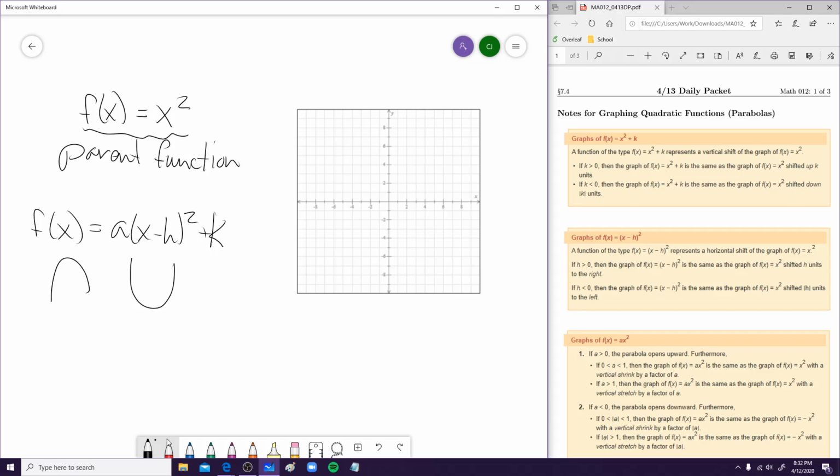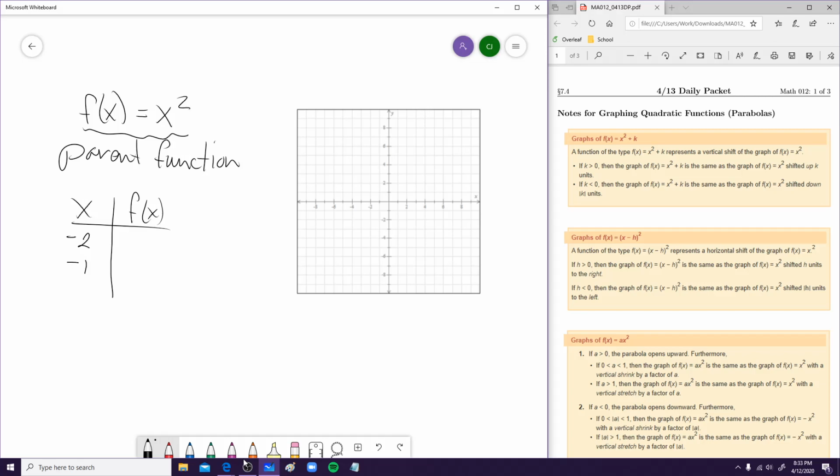So how do we graph a function? We have our x and we have our f of x. When you graph a parabola, you always have to put in 5 points.